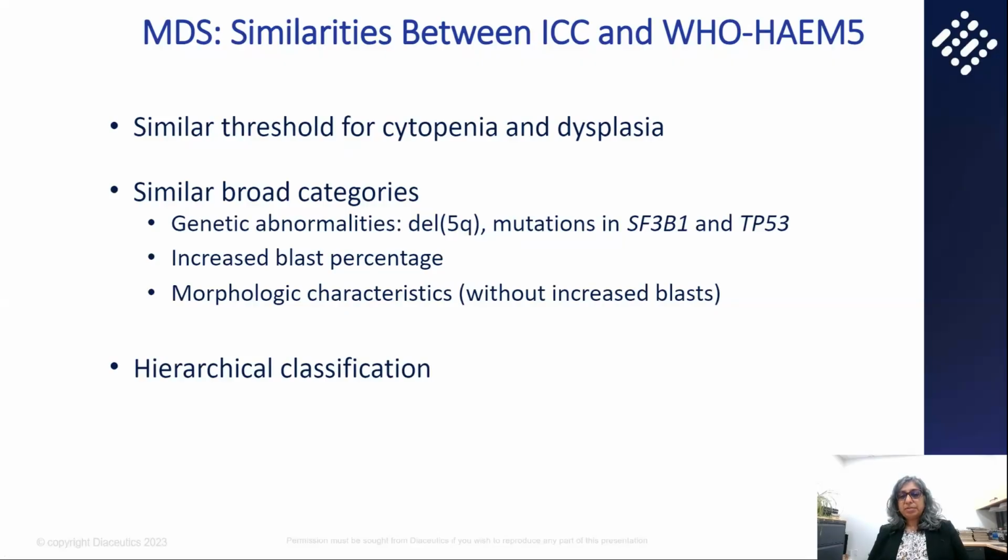They both use similar broad categories for subclassification, namely presence of certain genetic abnormalities, increased blast percentage, and cases that don't have increased blast percentage, which are classified based on their morphologic characteristics. Both ICC and WHO follow a hierarchical classification for MDS, and we'll look at all these things in a little more detail in the next few slides.